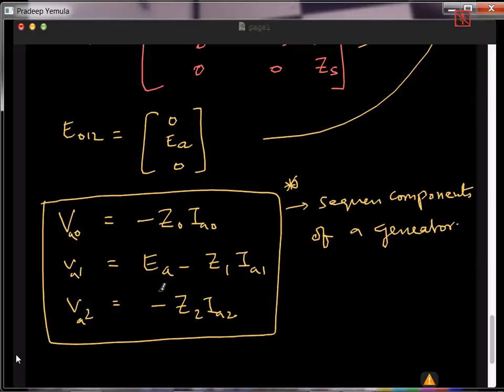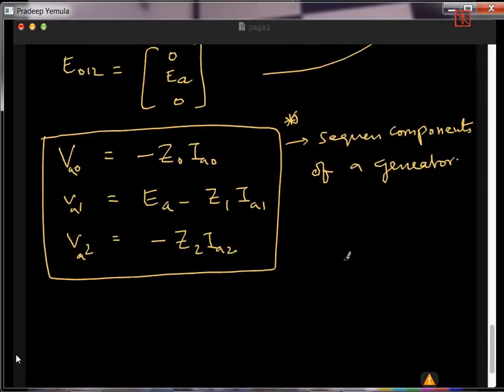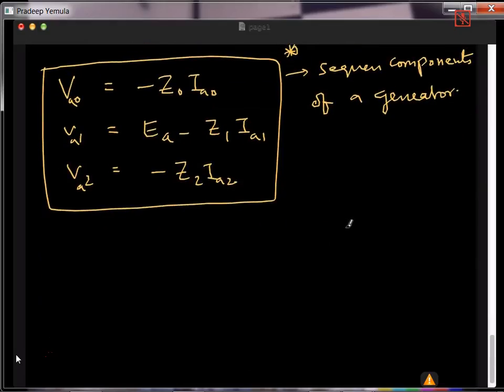Now instead of writing it like this, I want to write it as three different networks. Just notice what I will do. Look at the first one. There is a voltage source and there is a voltage drop.